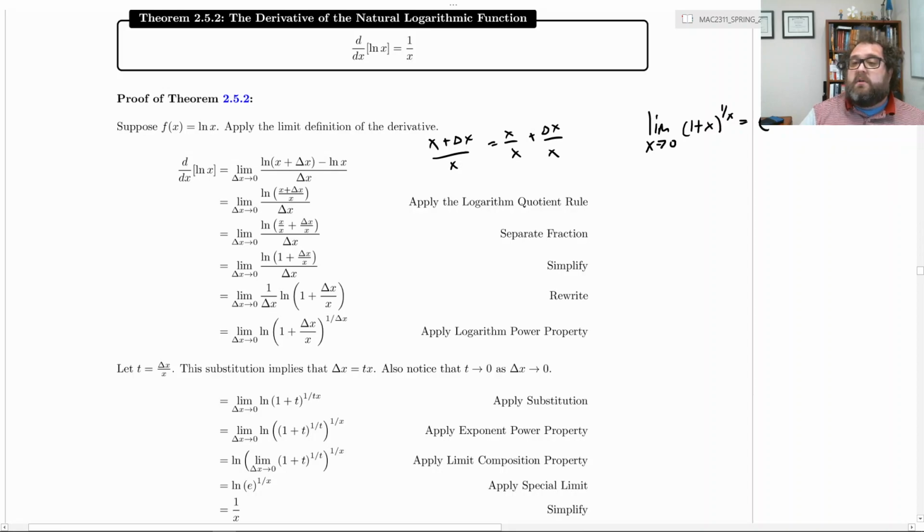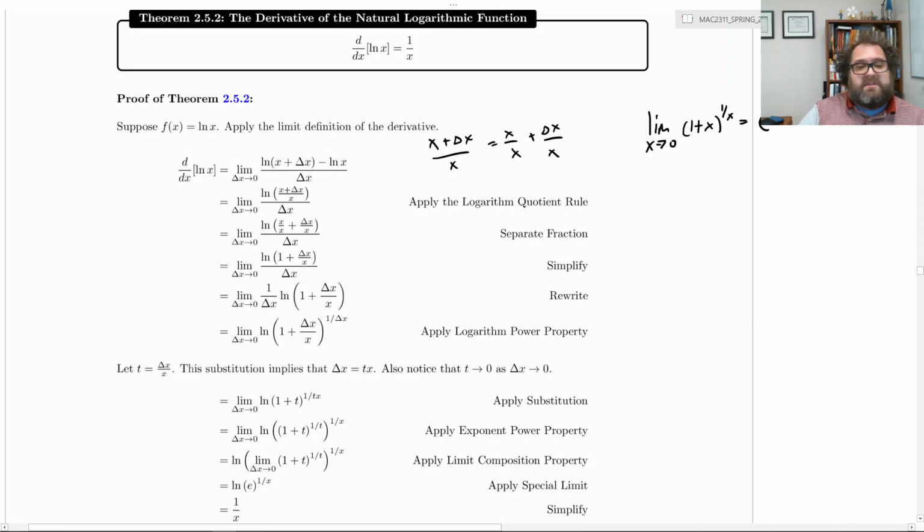Remember, what does that equal? It equals e, just like we used in the previous video. So that's what I have in the back of my head, and I'm trying to work my way toward that. Of course, I have delta x's right now, but that's just a superficial difference.